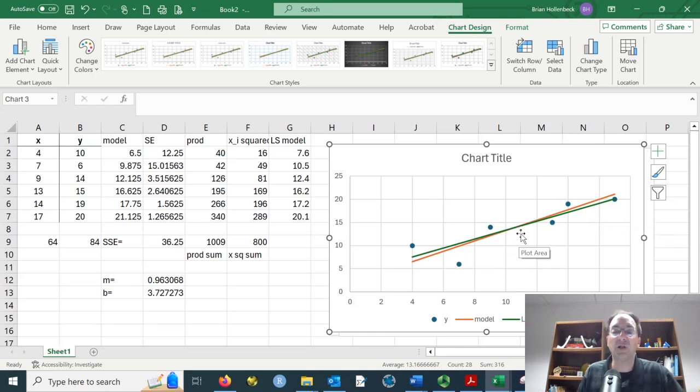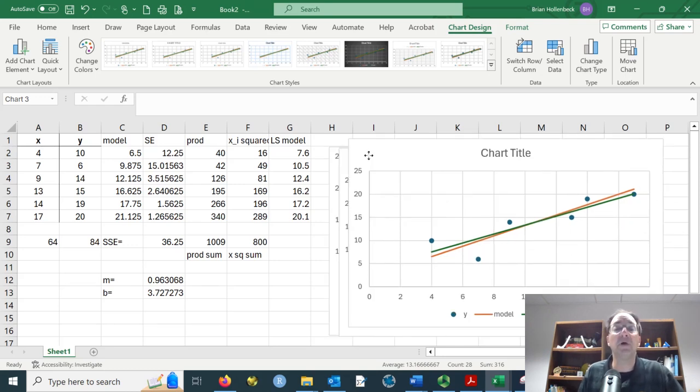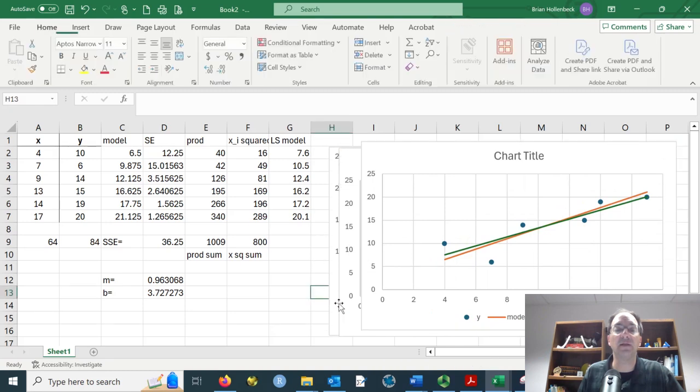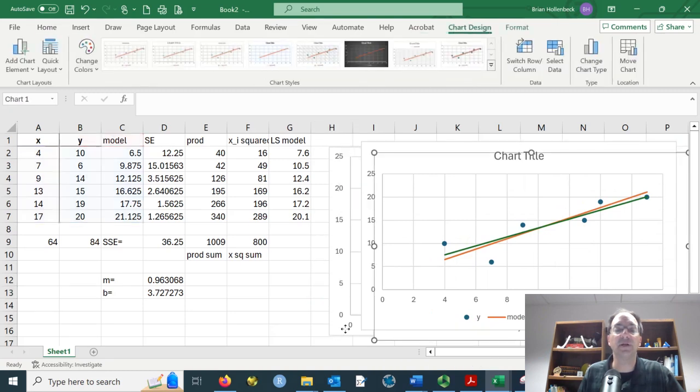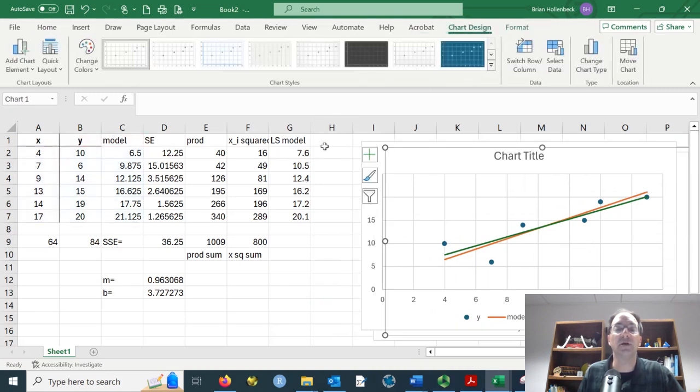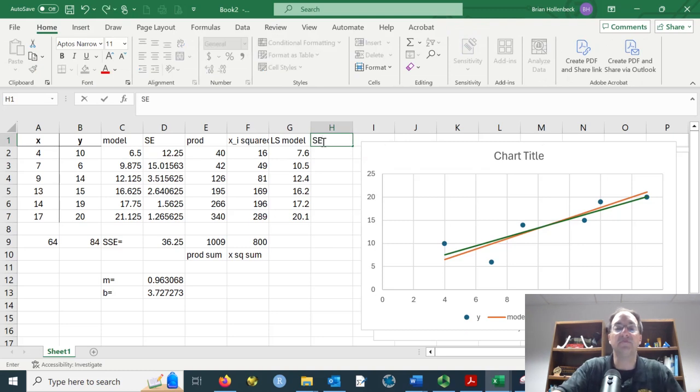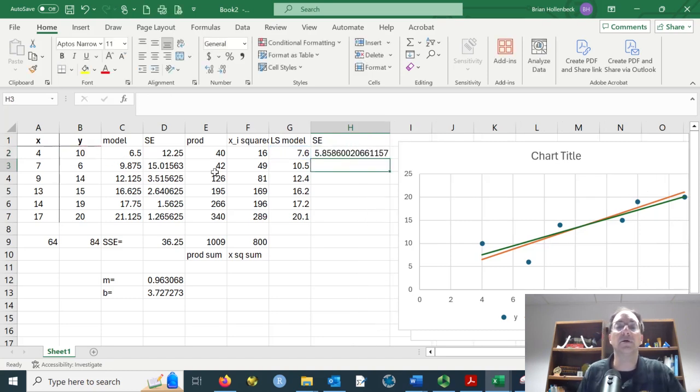So again, just by eyeballing, it would be hard to say which one's better, but if we are in agreement that the least squares criteria is the way to go, then we can actually quantify if it's better. So once again, I'm going to find the squared error by taking our model value minus the actual value and then squaring it. We certainly don't need that many decimal places.